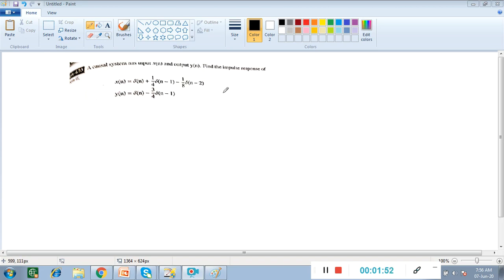We need to represent the system as, let's write the system having its transfer function as h of n with input x of n and output as y of n.